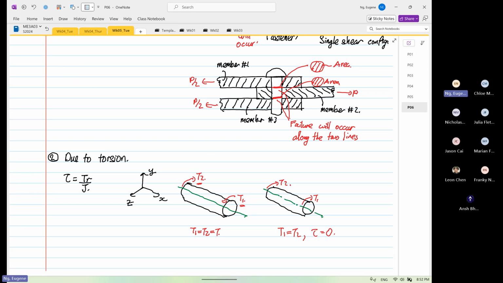So I'll give you an example. Your drive shaft in your car will only break if you are moving forward and all of a sudden you engage your reverse gear while moving forward.